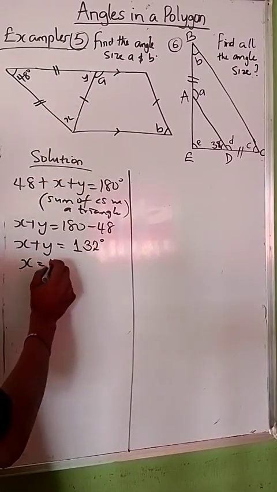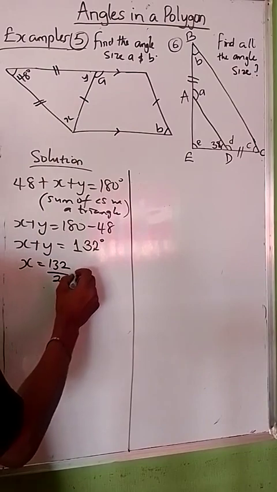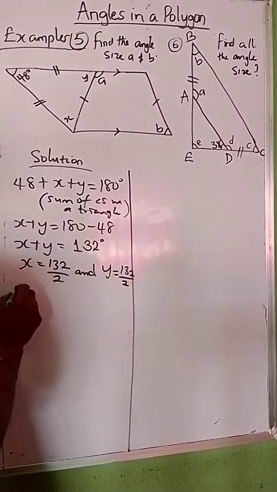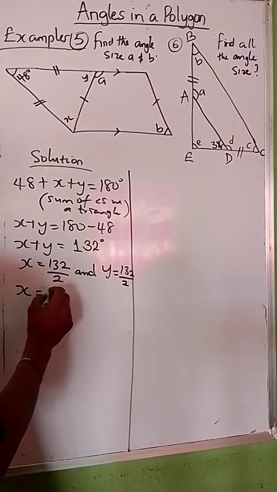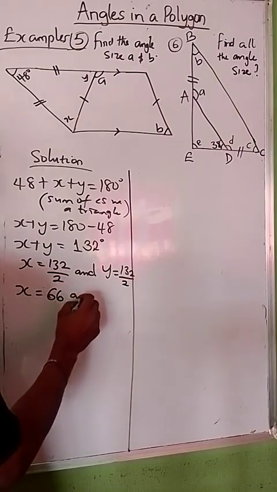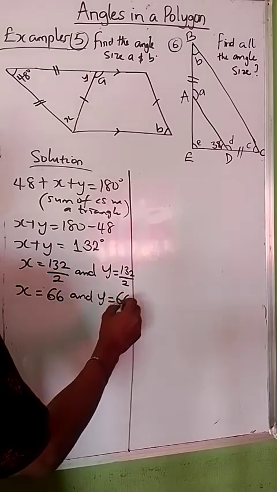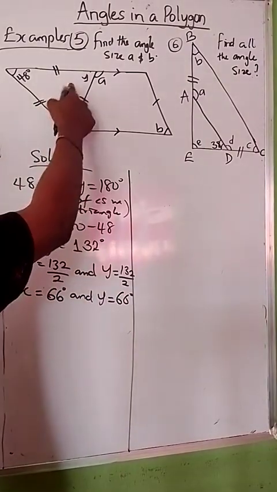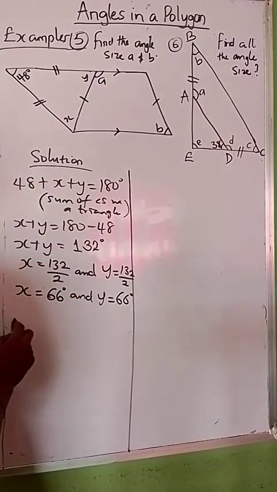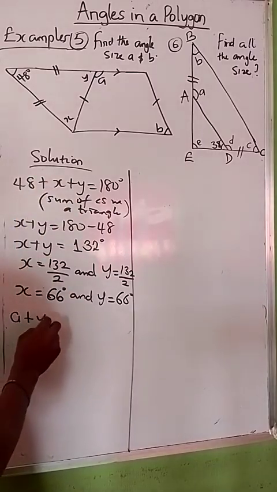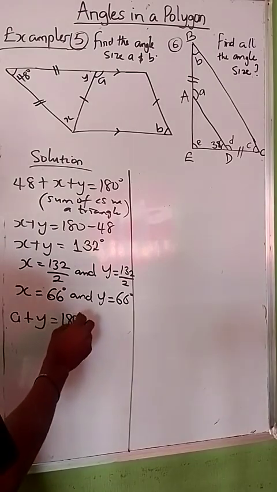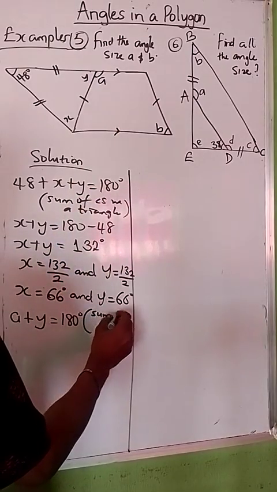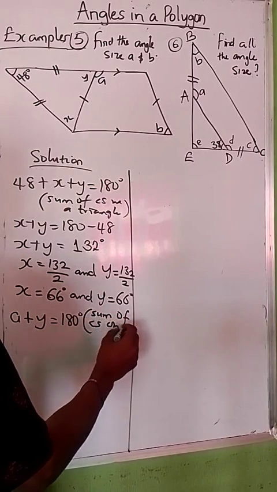So x equals 132 over 2, and y equals 132 over 2. So our x equals 66, and y equals 66 degrees. Since x and y equal 66 degrees, how do we get our A? Very simply, just say A plus y equals 180 degrees. The reason: sum of angles on a straight line.